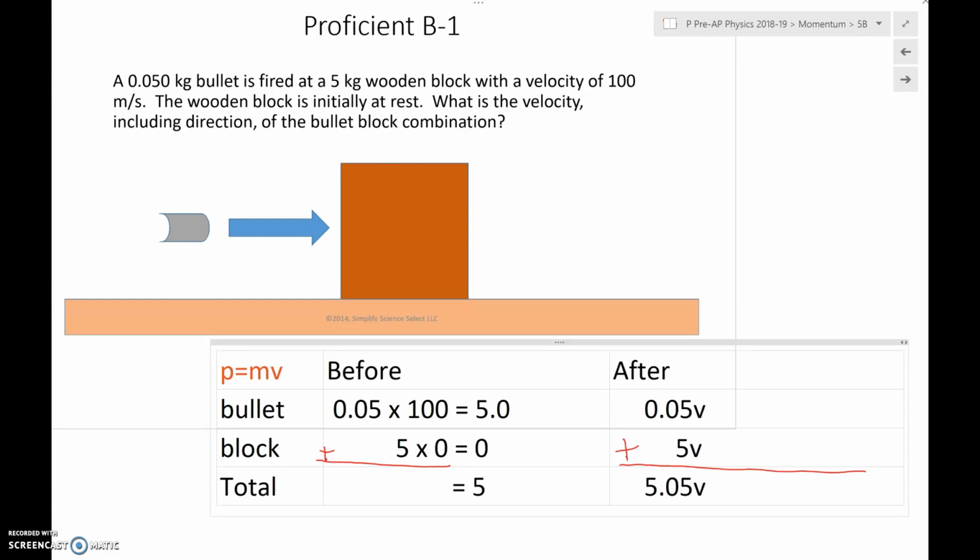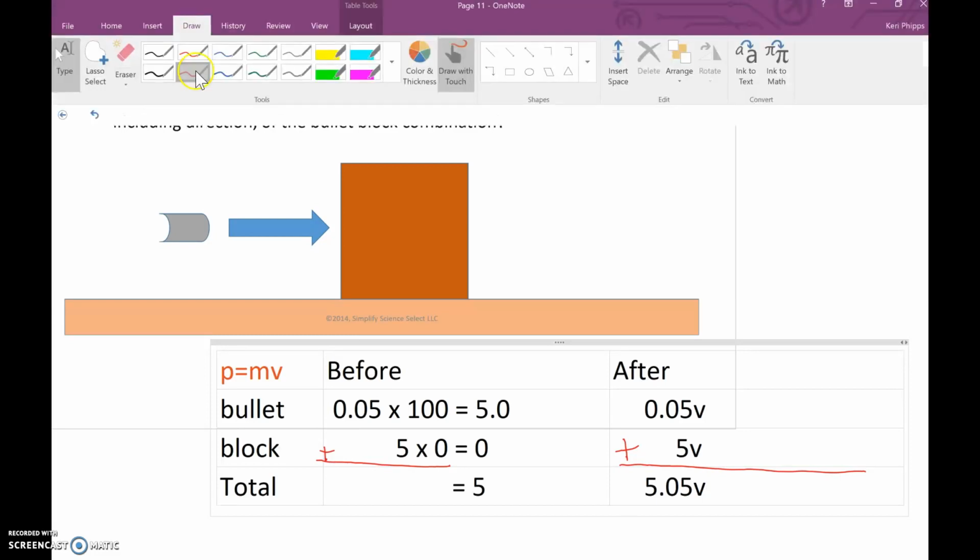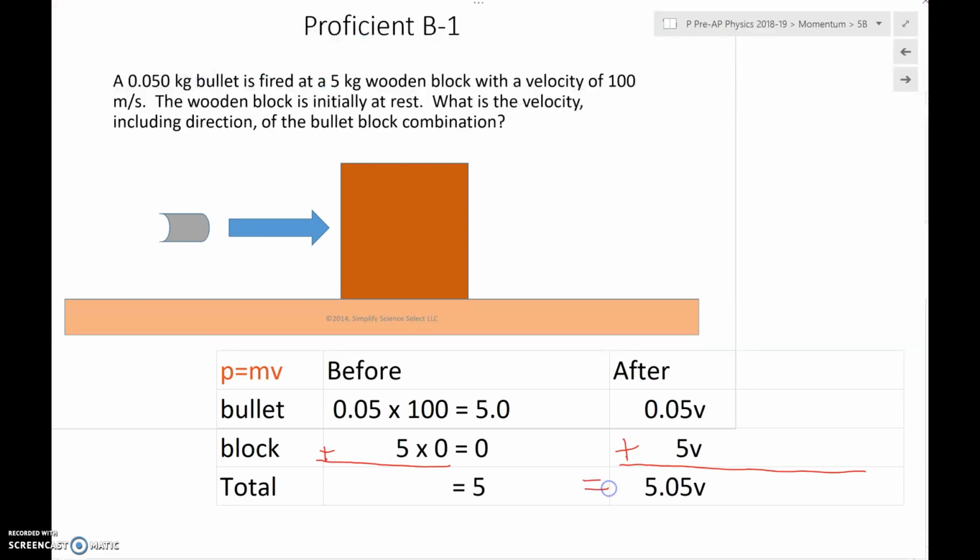Now what conservation of momentum tells us is that these two things have to equal each other. So from this point on, we're just doing math. I'm going to solve for V. Divide both sides by 5.05.